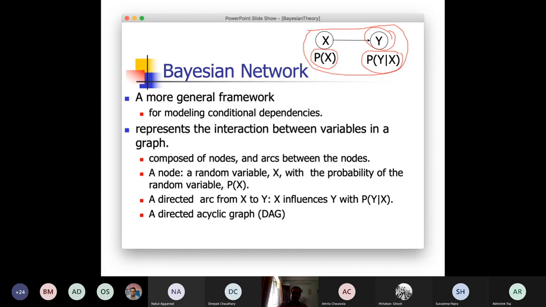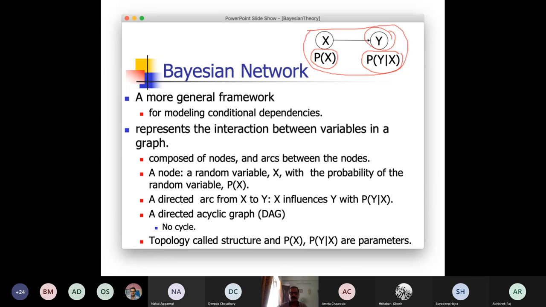And this is also a directed acyclic graph because there should not be any loop. Once you have described the dependencies of probability of y given x, there is no need to describe the opposite dependencies also. That is not required, and it is sufficient to represent the joint distributions.